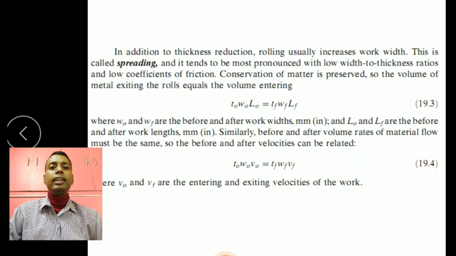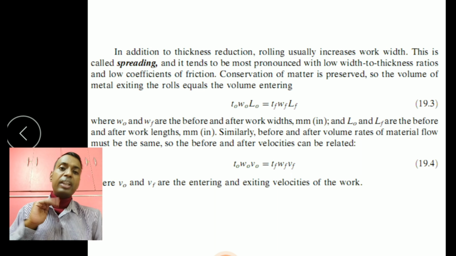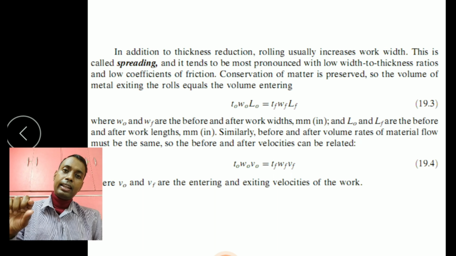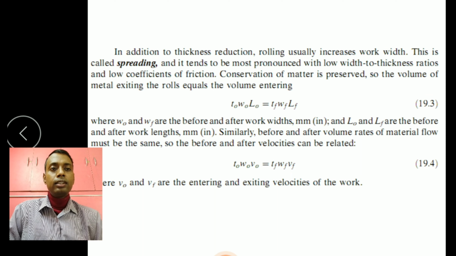In addition to thickness reduction, rolling usually increases work width also. If we apply high pressure, length will be increased and obviously width will also increase. So this is called spreading. So this corresponds to T0, W0, L0 equal to TF, WF, LF.